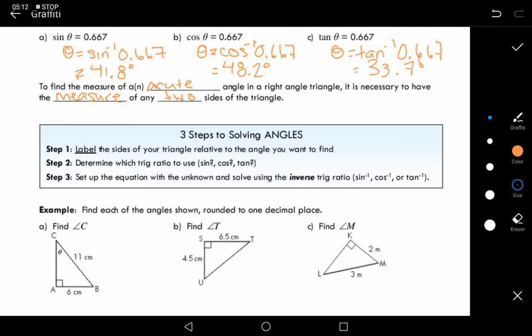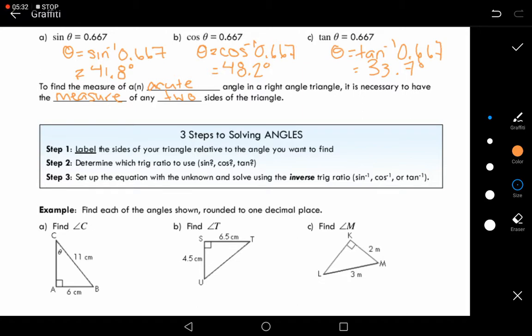So in order to calculate for an angle, we need to have two side lengths, is all that sentence is saying there. Whereas before, when we were dealing with sides, all we needed was one angle and one side length. To get the angle, we need to have two of those side lengths.